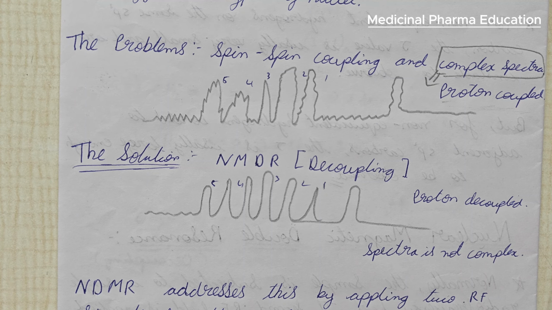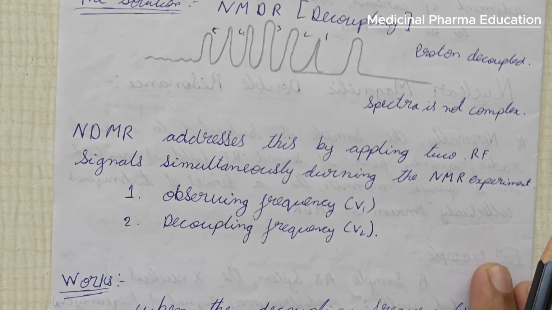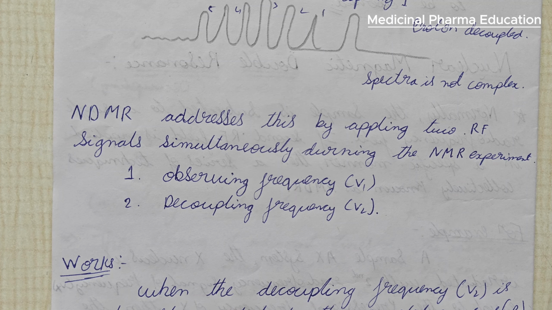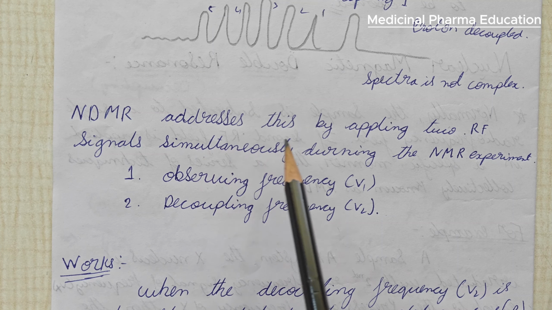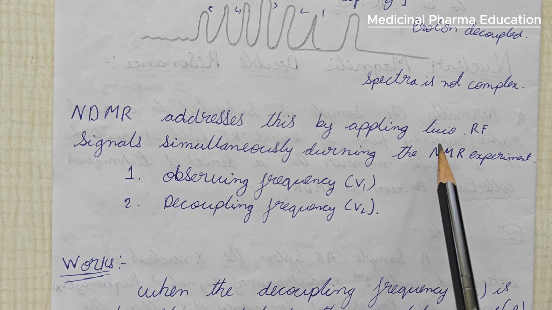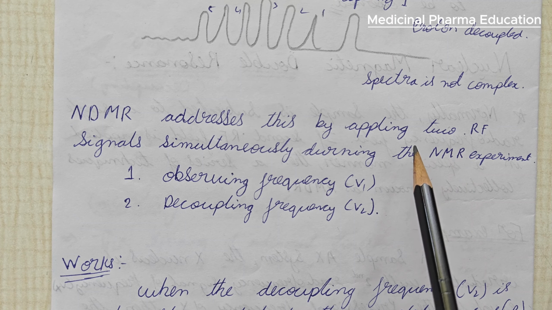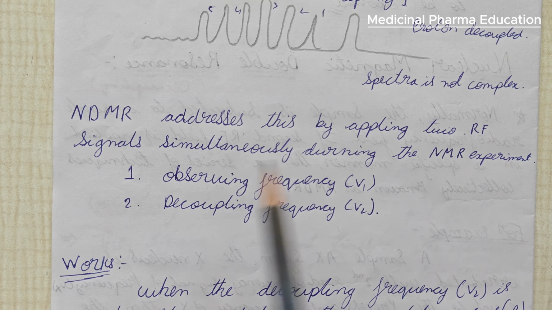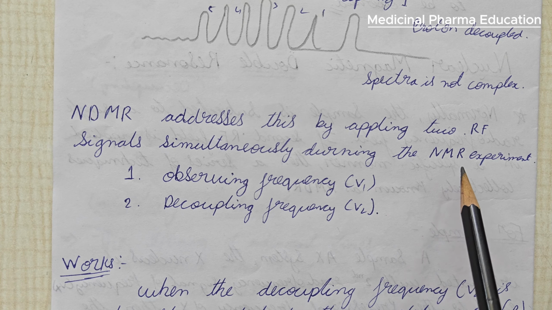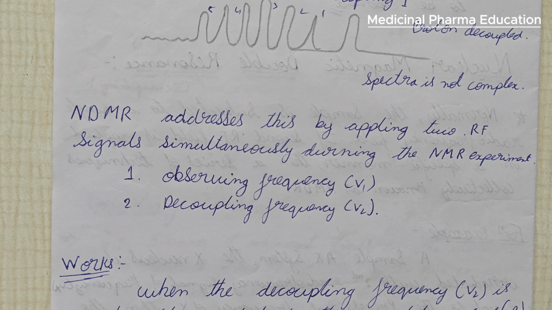That is nuclear magnetic double resonance, which is called decoupling. Okay, see, nuclear magnetic double resonance addresses this by applying two radio frequency signals simultaneously during the NMR experiment. See here what is happening, right? We studied in the principle that in this experiment we are using two radio frequencies.